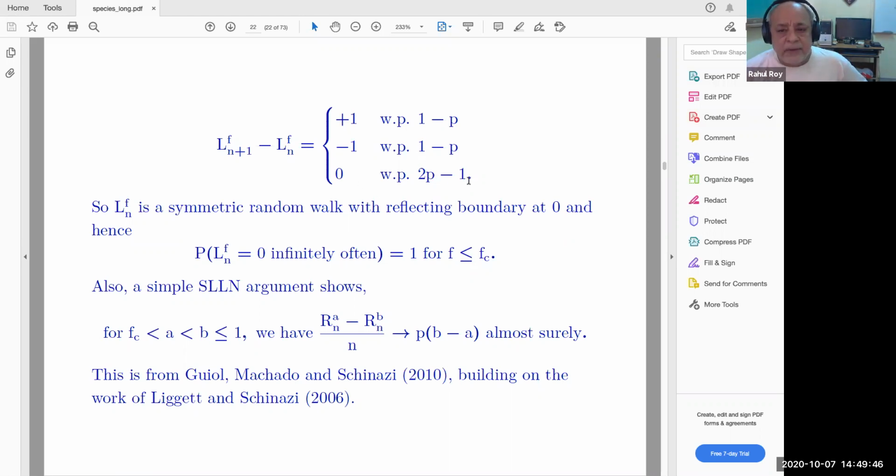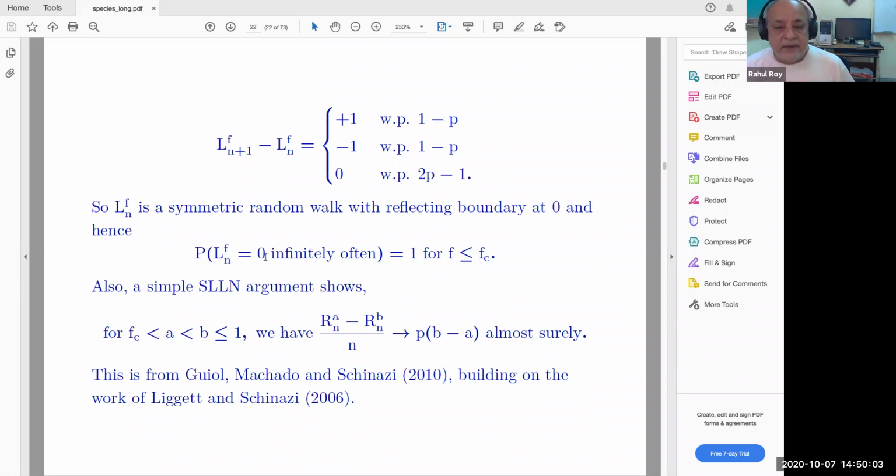And so with probability 2p minus 1, Ln changes, but otherwise Ln doesn't change, though Rn can change. So what we have is that this Ln(f) is a symmetric random walk with reflecting boundary at 0. And hence, this is a null recurrent process.